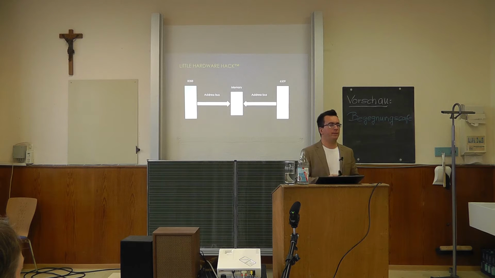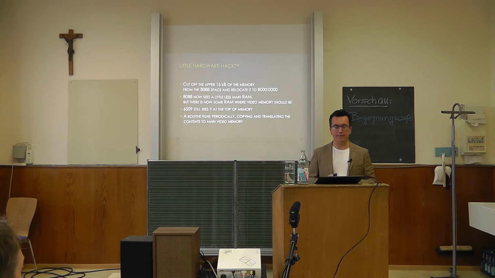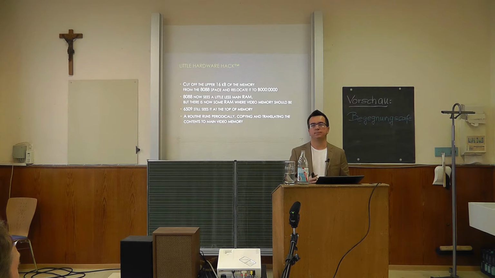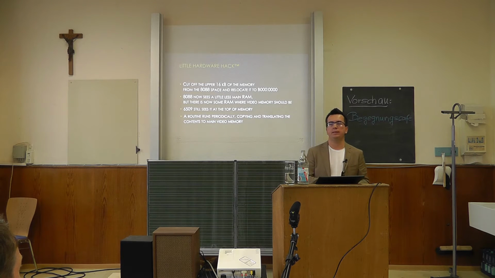You can implement a tiny little hardware hack, which looks like this. What it basically does, it inserts a little chip into the Intel processor address bus, and it cuts a few kilobytes from the top of the memory and places them into the location where the video memory is on the PC.